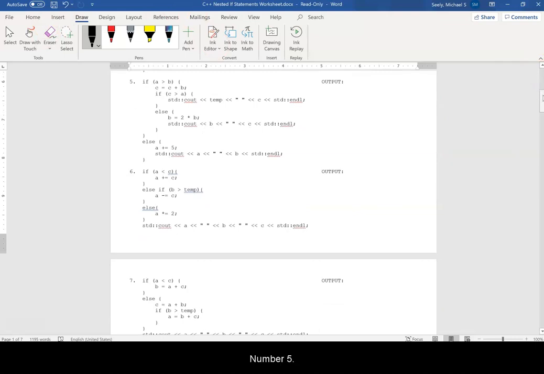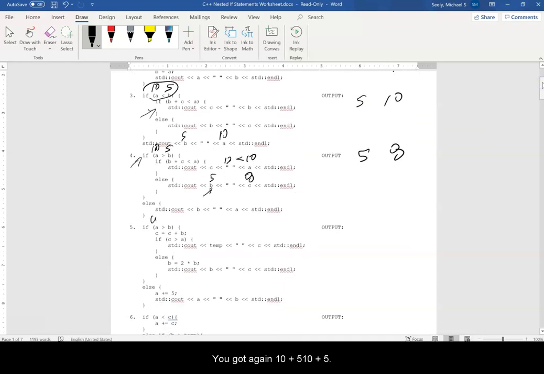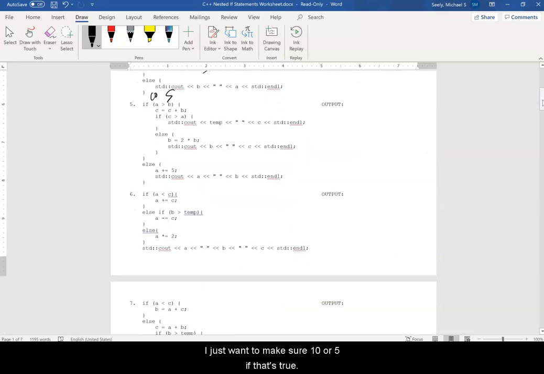Number 5. We've got again 10 and 5. So that's true. So this is 8 plus 5, and that sets C to 13.